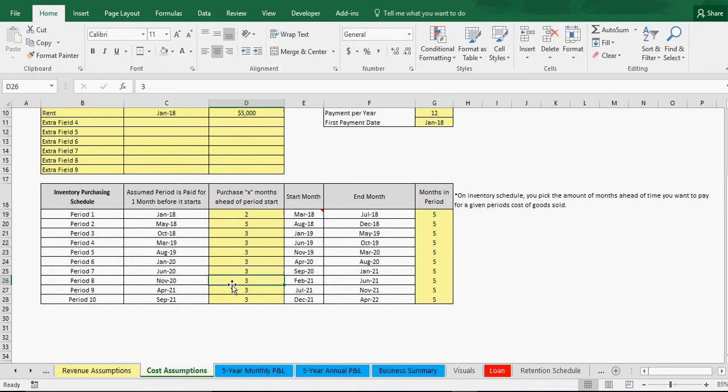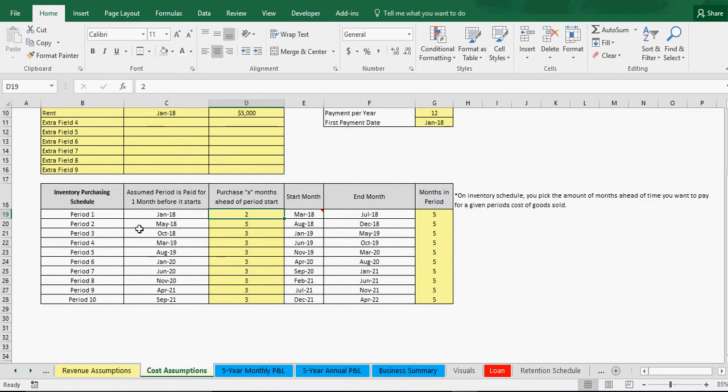So high level, it's saying for this period of sales from March to July, you're going to sell a certain amount of units, and those units will have a cost. And this is saying the amount of months prior to when those sales start do you want to pay.